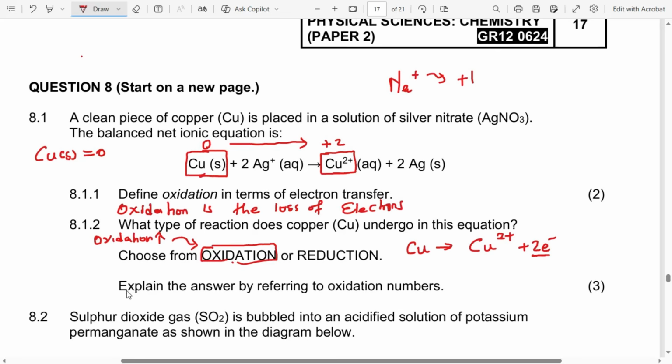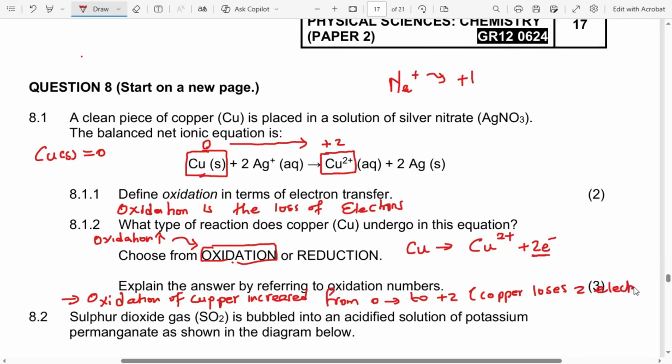When they say explain your answer, we say the oxidation number of copper increased from 0 to plus 2, meaning copper loses 2 electrons. I hope this makes sense.